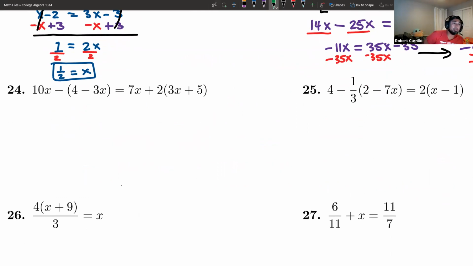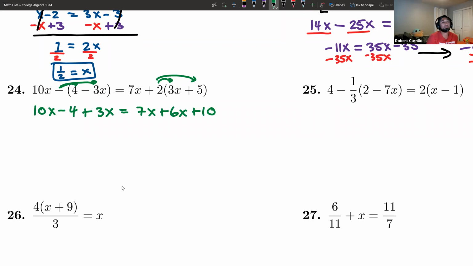We have 10x minus 4 minus 3x equal to 7x plus 2 times 3x plus 5. So here we distribute the negative to the 4 and to the negative 3, and the 2 to the 3x and to the 5. So this leaves us with 10x minus 4 plus 3x equal to 7x plus 6x plus 10.